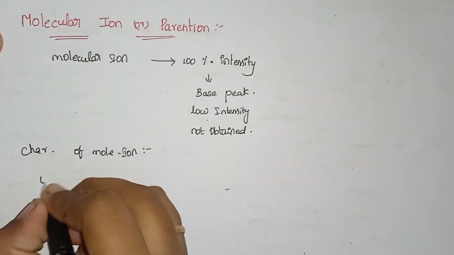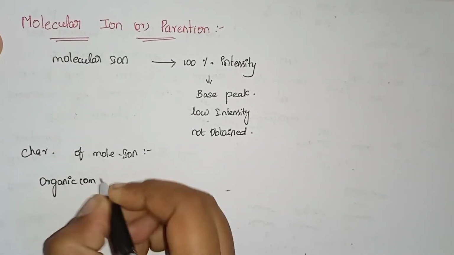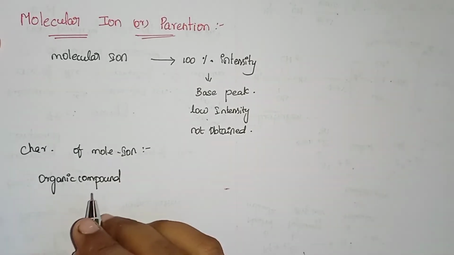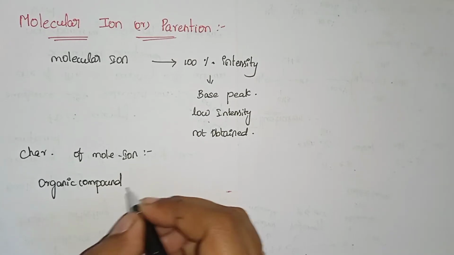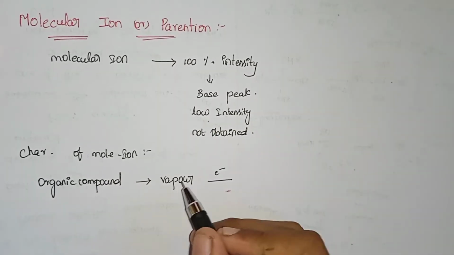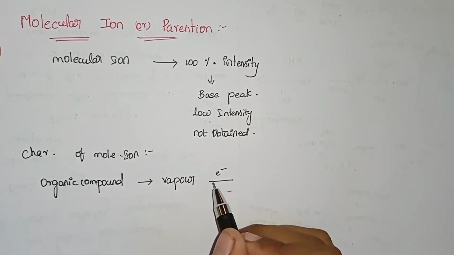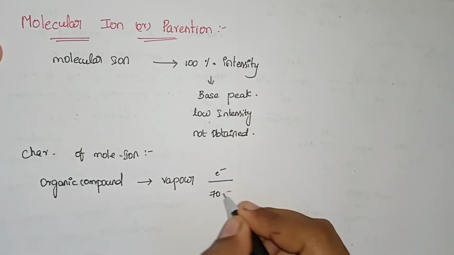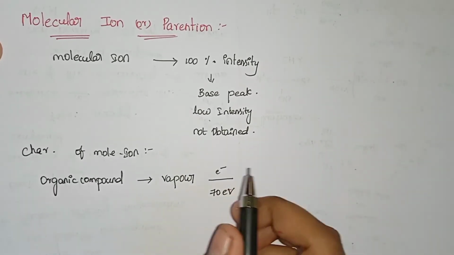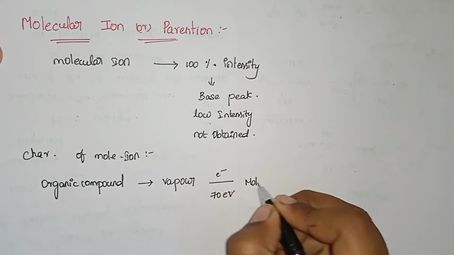The given organic compound is converted into vapor. The vapor is bombarded with an electron beam of energy 70 electron volt. The substance loses one electron to form the molecular ion.